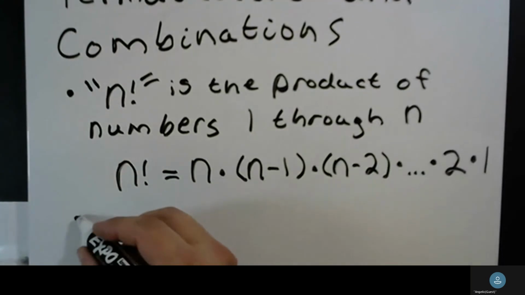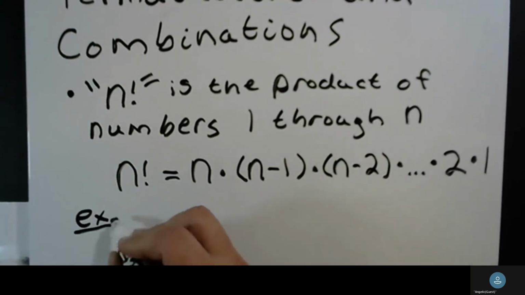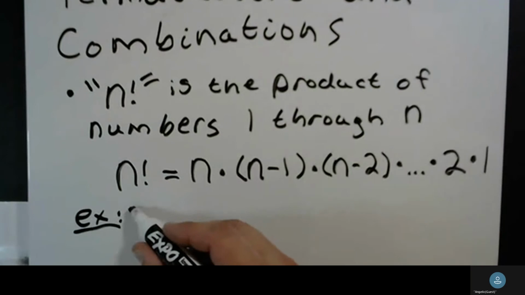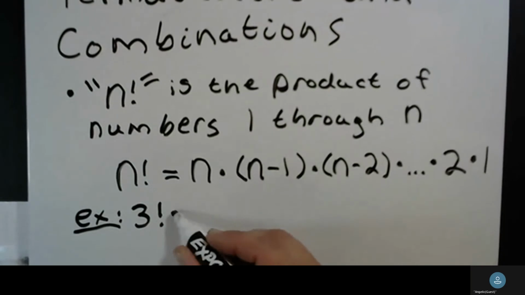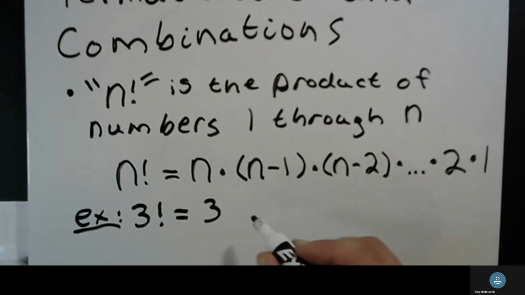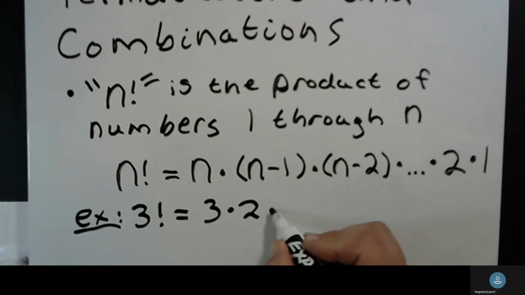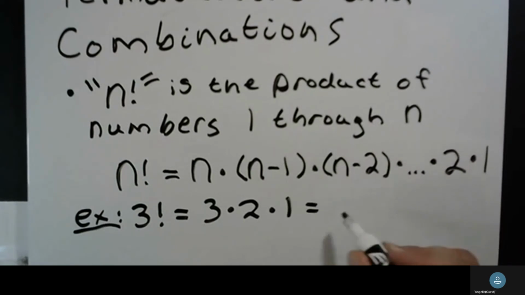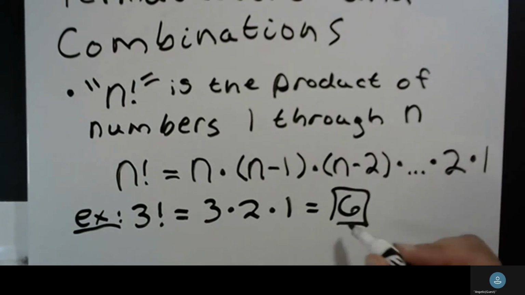So for example, three factorial is 3 times 2 times 1, or 6.